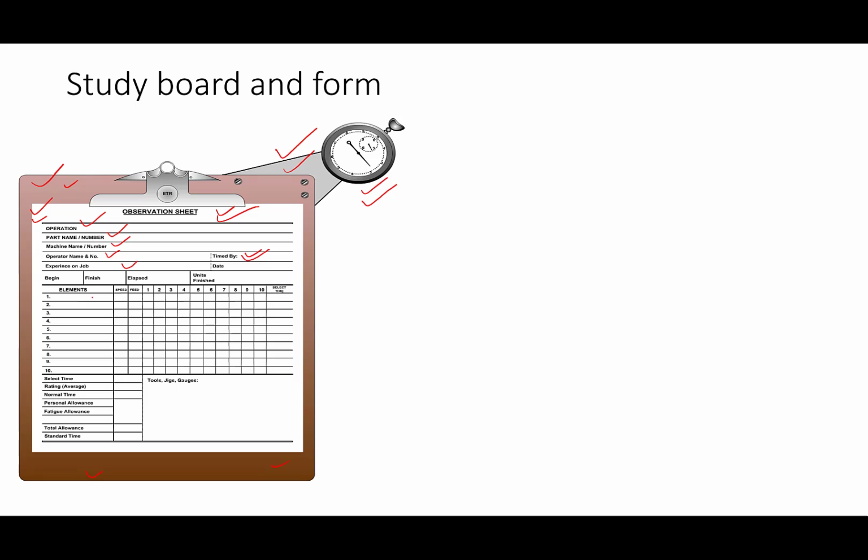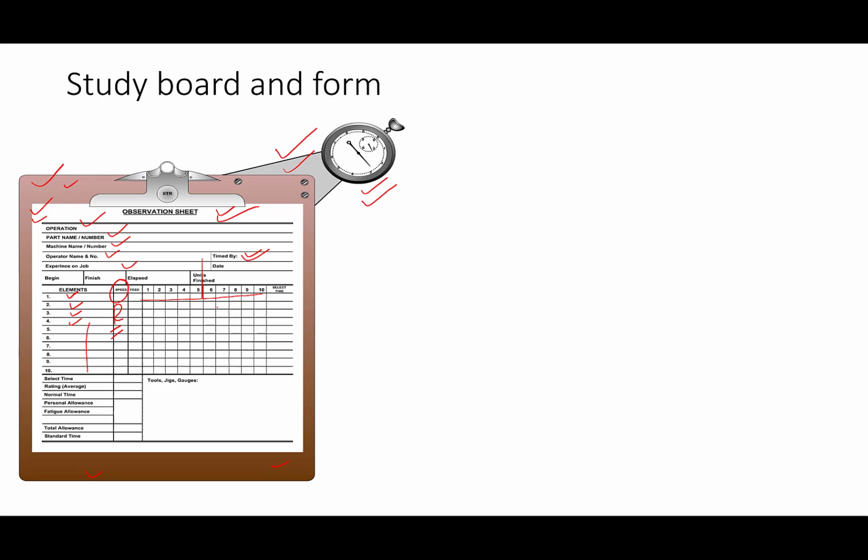This is one typical form, with elements 1, 2, 3, 4, and so on. This is about the rating, the speed of doing the work. Then the time taken to complete these elements.